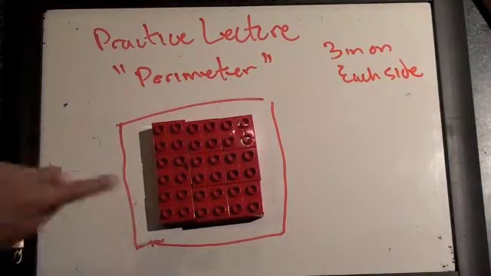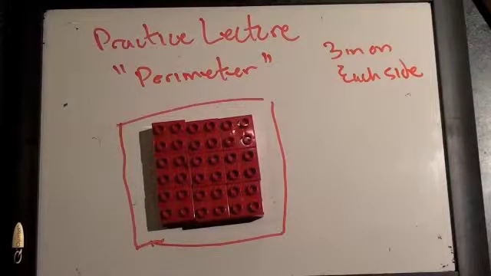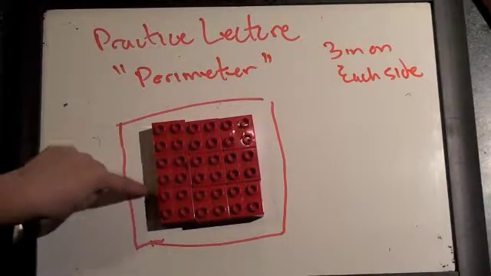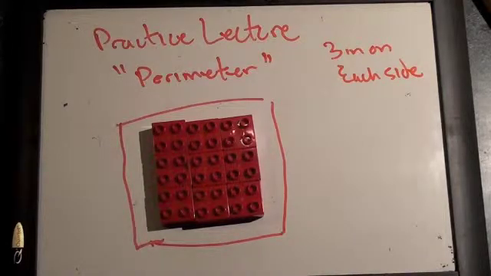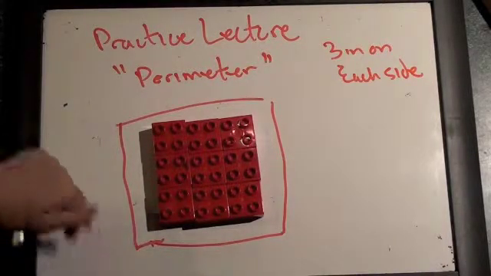9 inches. Okay, how did you figure that out? 3 times 3. Why did you do 3 times 3? Because that's how many squares are on each side.